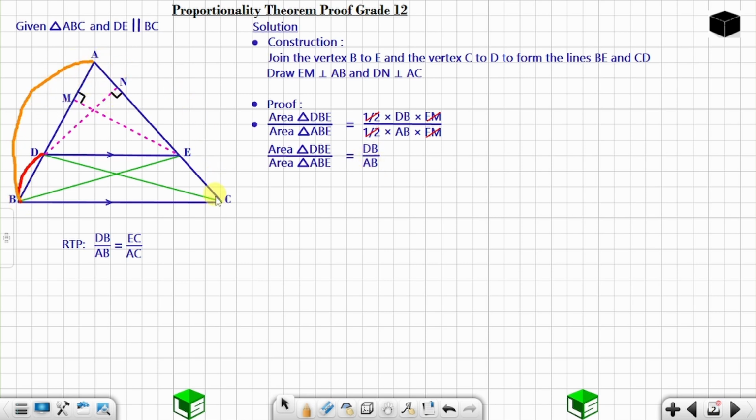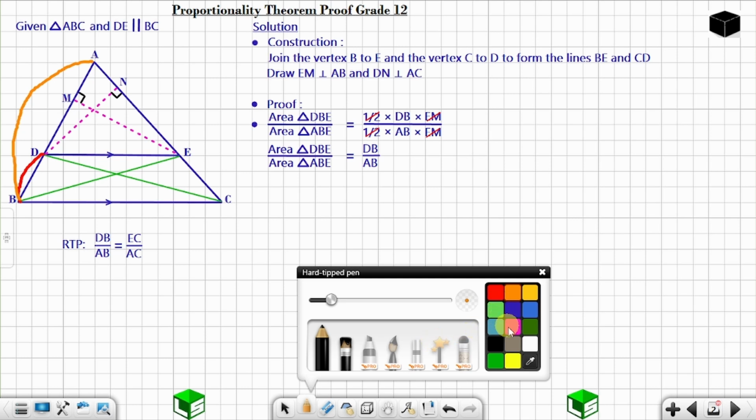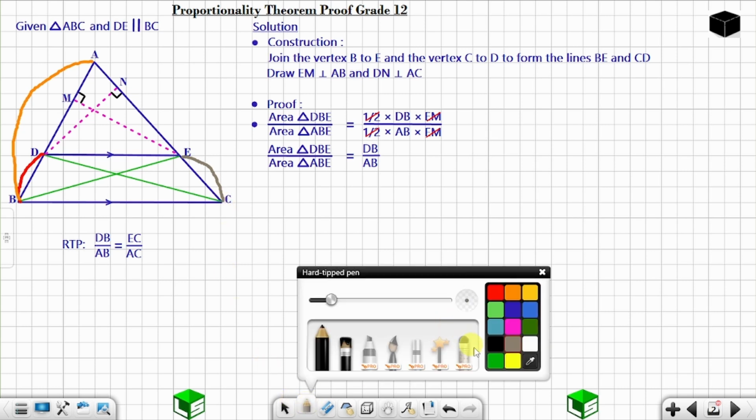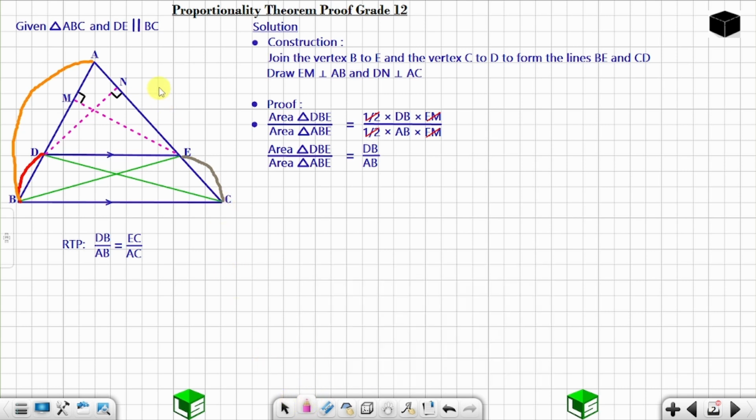Now on this side, you are going to have EC over AC.